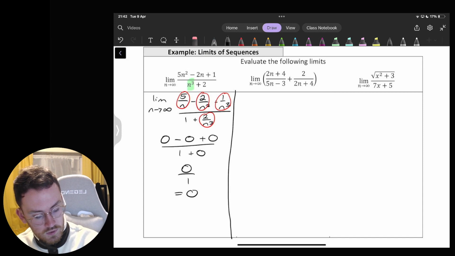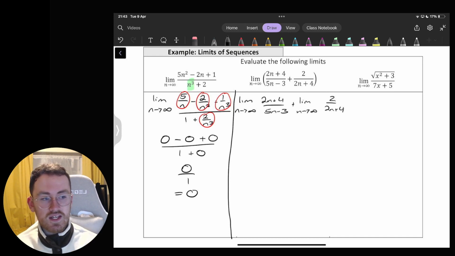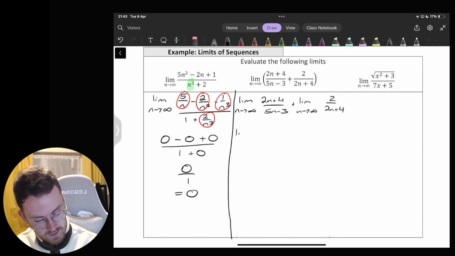Looking at the second one, we're going to make use of one of our new rules. So the limit as n goes to infinity of 2n plus 4 over 5n minus 3 plus the limit as n goes to infinity of 2 over 2n plus 4. So splitting out my limits there, hopefully to make it a little bit easier for myself.